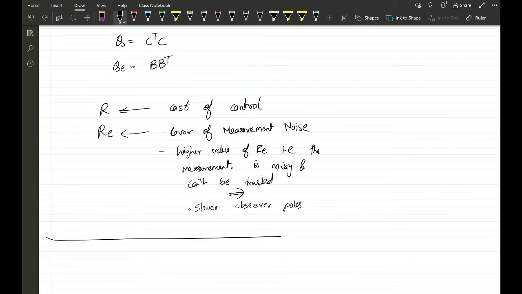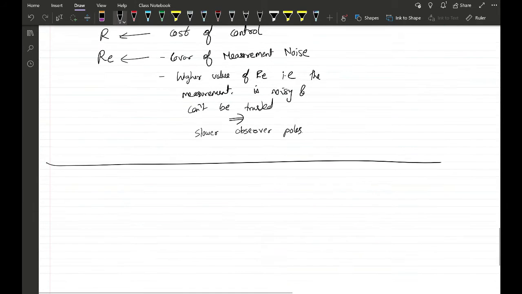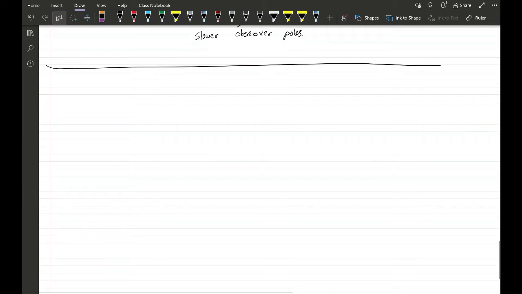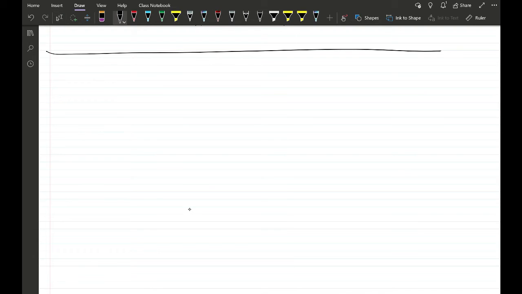Now another aspect before we go to MATLAB is that we're given a tracking problem, whereas the LQG or the LQR problem is a regulation problem.